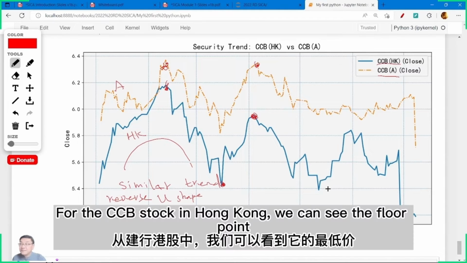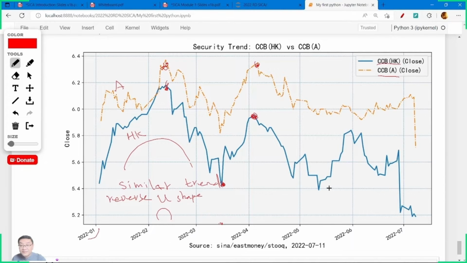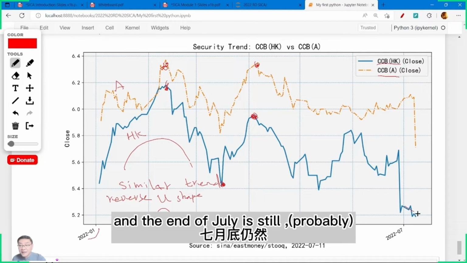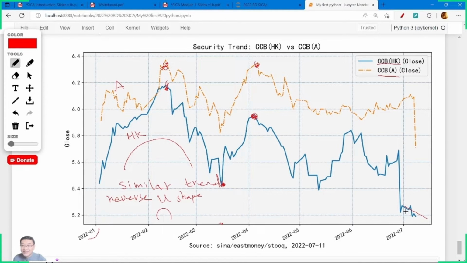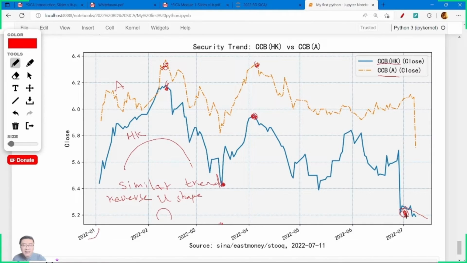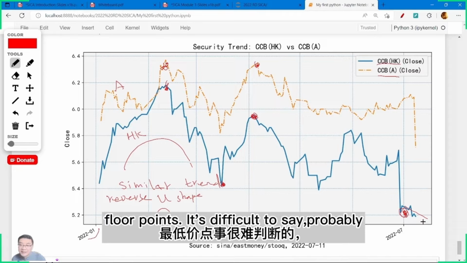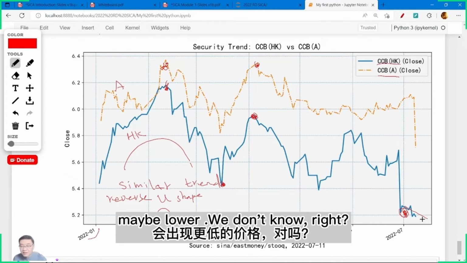Any additional things you want to tell us? For the CCB stock in Hong Kong, we can see the floor point is at the end of July. It is probably still downward, right? We don't know. So for now, we are still not able to say whether it is a floor point. Maybe in August it goes lower.